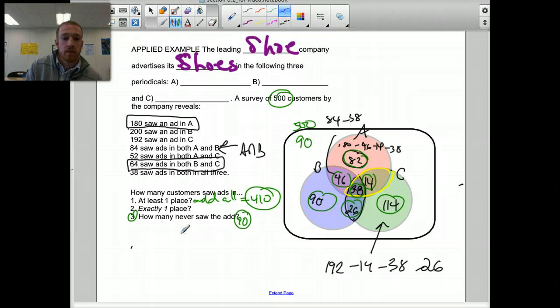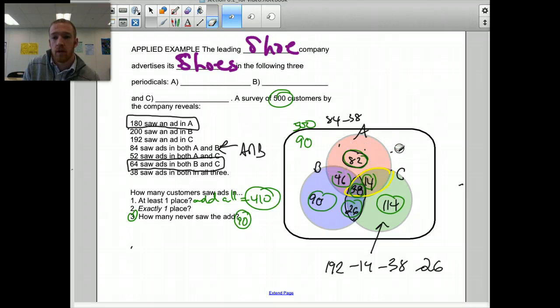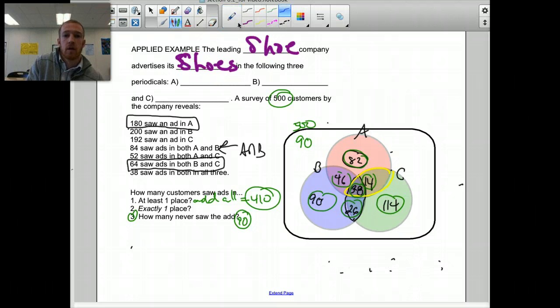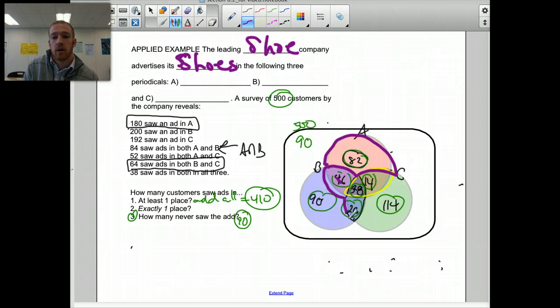And then, how many saw it in exactly one place? So exactly one place is going to be these regions here. So this part indicates people that saw it in A but did not see it in any of the other periodicals. So we're going to have to add up that region plus this region plus this region.